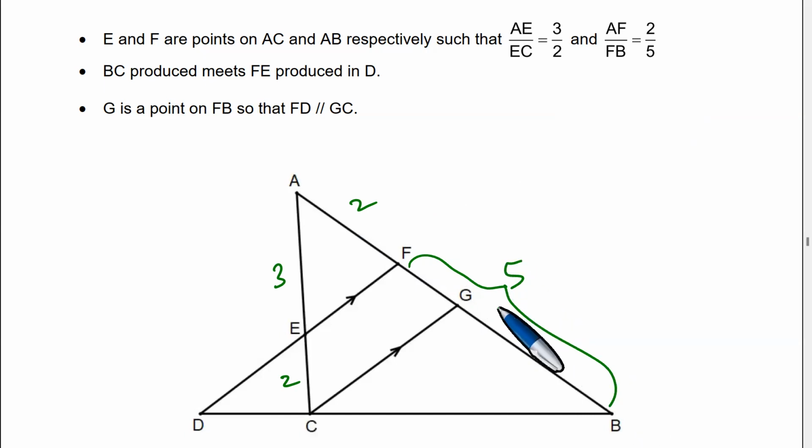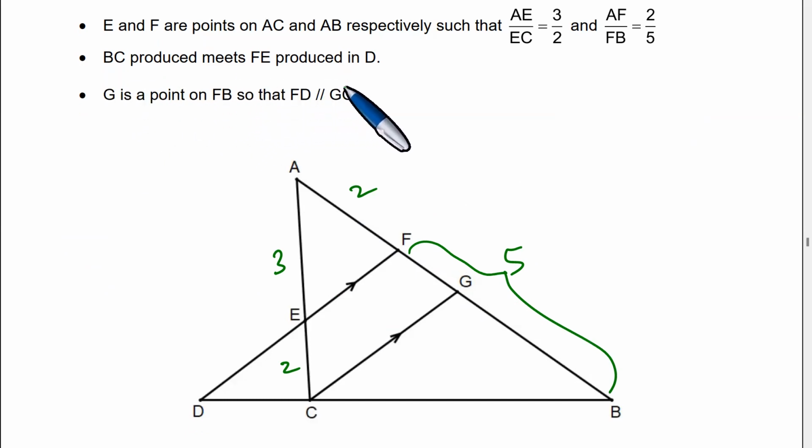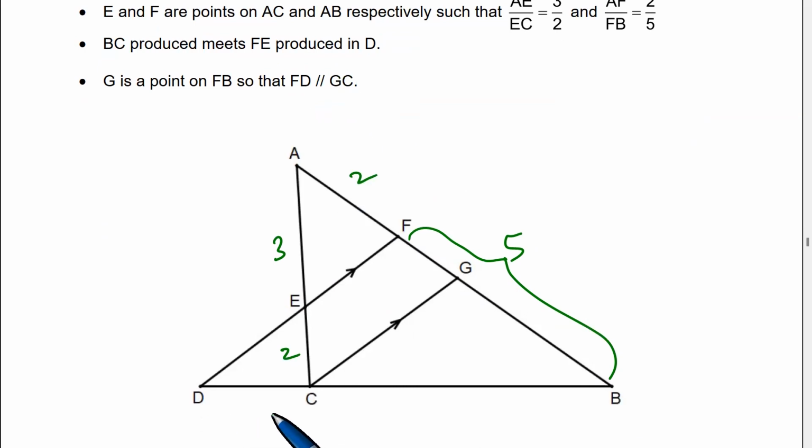AF to FB is 5, like so. BC produced meets FE produced in D. G is a point on FB, so that FD is parallel to GC.